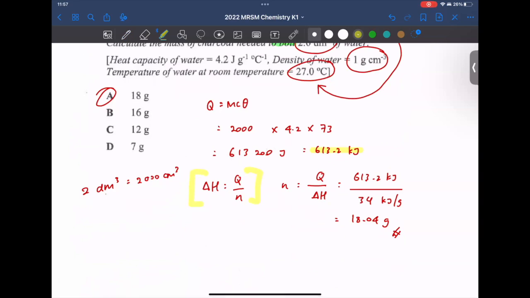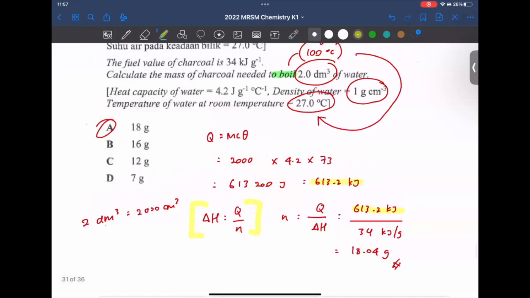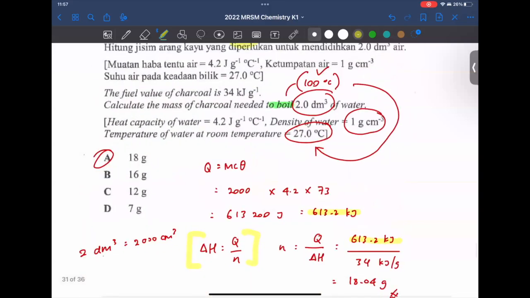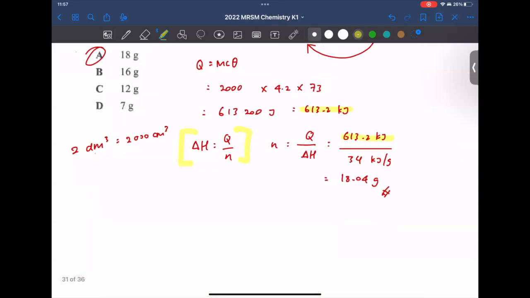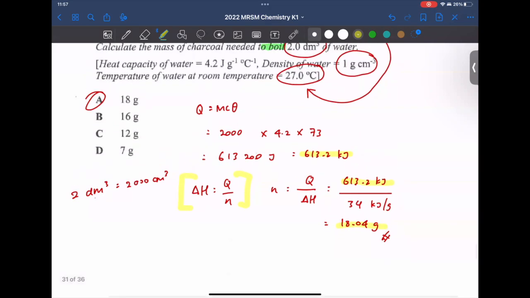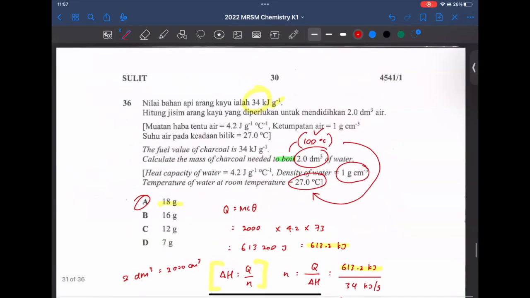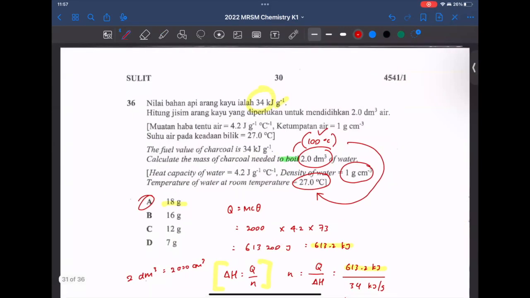N is equivalent to Q divided by delta H. So Q divided by delta H will be the Q that we got just now, 613.2 kilojoules, divided by the value over here, 34 kilojoules per gram. Since it's supposed to be moles, but like I said, I've just used grams because the answer is in grams, right? So it'll be 18.04 grams. If you round off to the nearest whole number, it will be 18. So therefore, the answer for number 36 should be A.